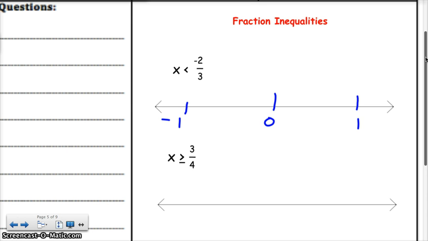That's like negative 0.6, right? So I would just make a dot right about there. It doesn't have to be exact, but I do have to know that you know you're close to negative 1. So then I'm less than, I shouldn't color it in, right? I make a circle there. I'm less than, so I'm going that way.